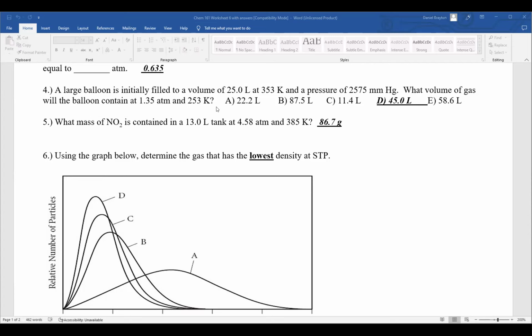And it's a little harder to predict things when you have 3 variables changing versus just 1 and 2. And then also you have to convert these units one into the other. You can use atmospheres if you want by changing the 2575 to atmospheres, or you can change the atmospheres here to millimeters of mercury, either or.